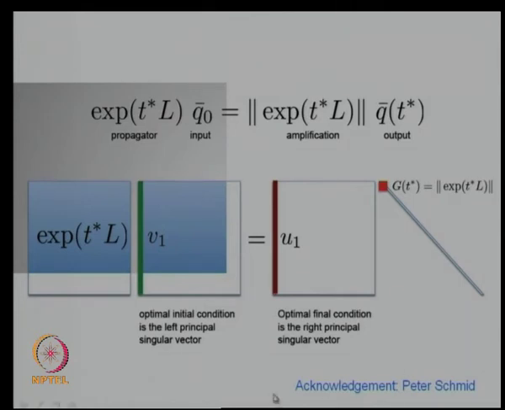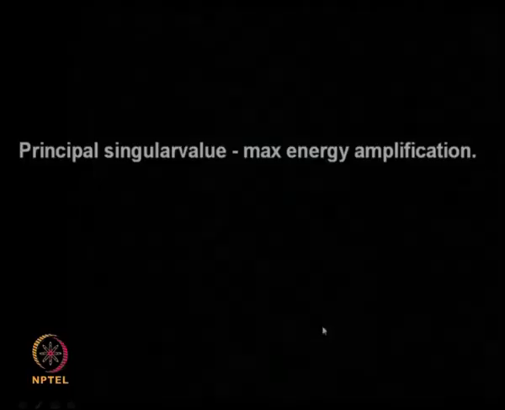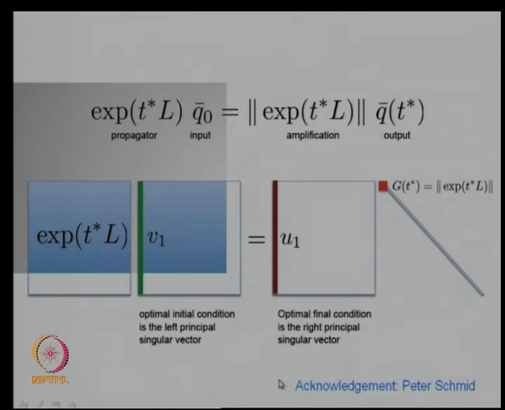So e power LT operates on the input, and then you get amplification times the output. So you have this operator and these are the different directions that are available. We have discretized the system in some sense. The actual infinite dimensional system we have discretized into eta 1, eta dot, and so on, so you have a finite number of directions. But when you do the SVD, this is the optimum initial condition, the right principal singular vector, and that would give the gain times the optimal final direction, the left principal singular vector.